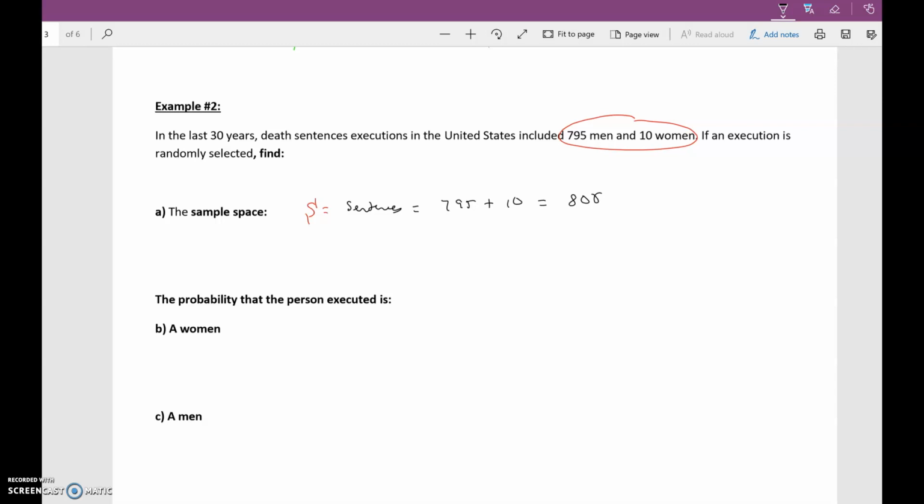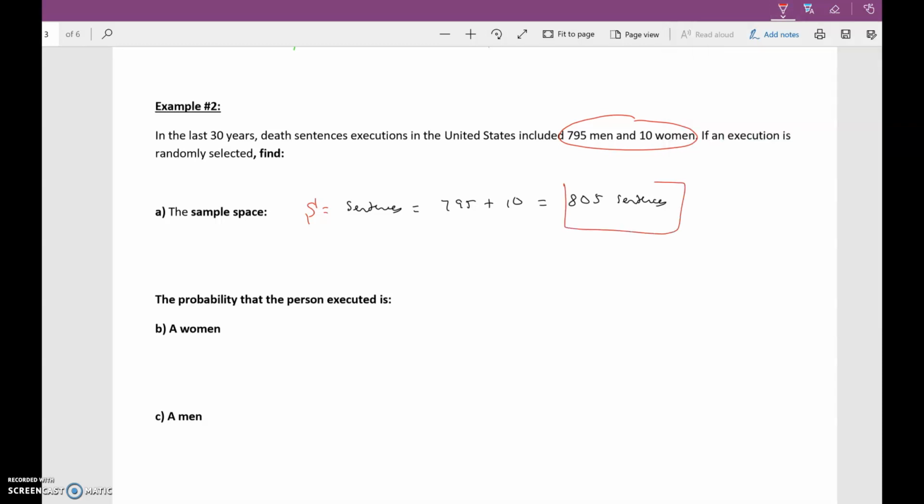I'll just leave it as sentences, but it's technically death sentences or executions.